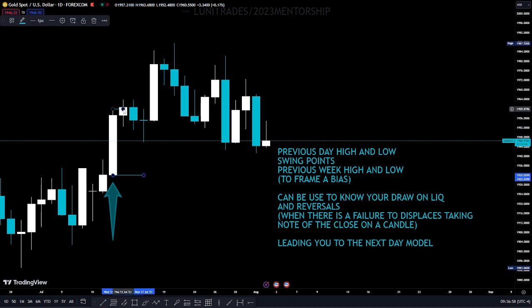You want to watch where this candle that we have now closed. It closed above. Since it closed above this previous day high, your bias for the next day should be bullish.